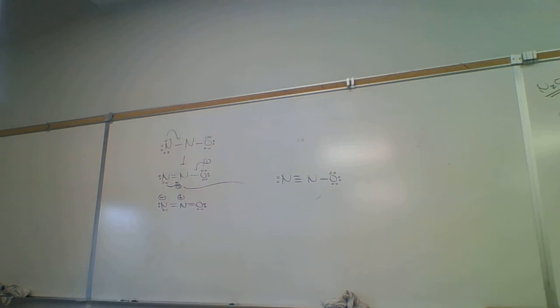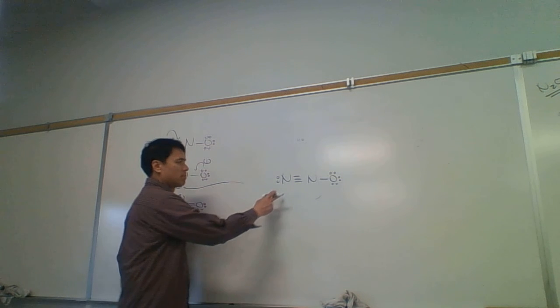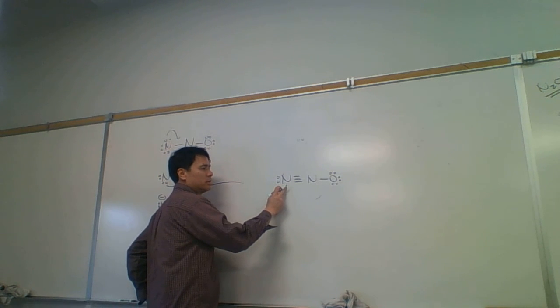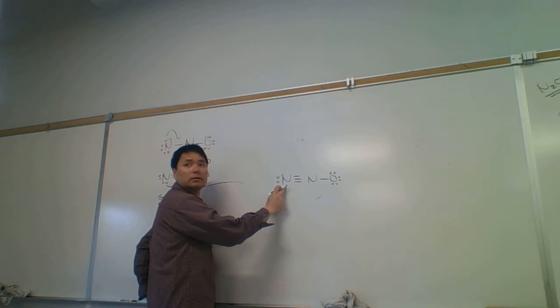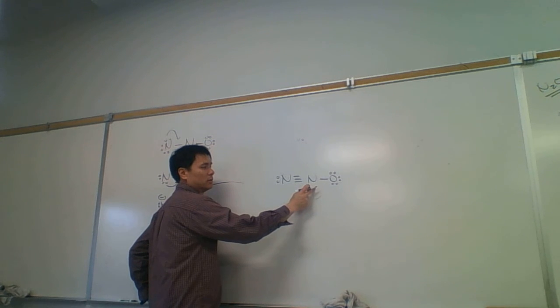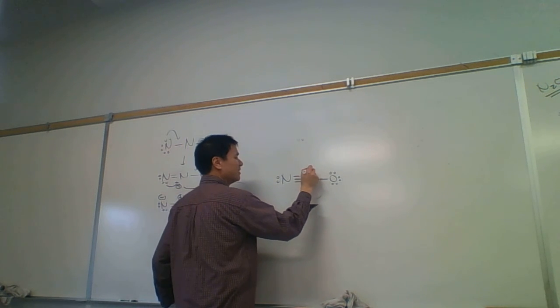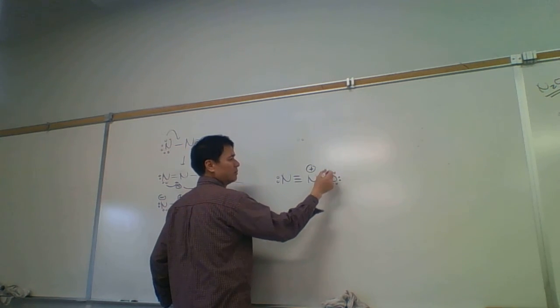And the bad thing about it is there's still a formal charge. What are the formal charges here? This nitrogen is 0. This nitrogen is plus. And this oxygen is minus.